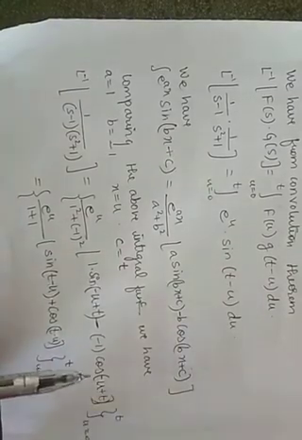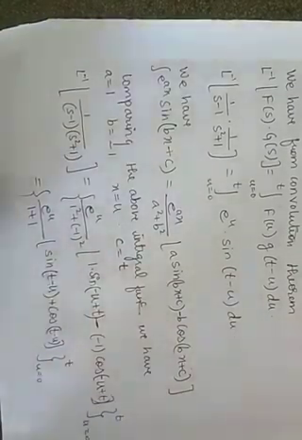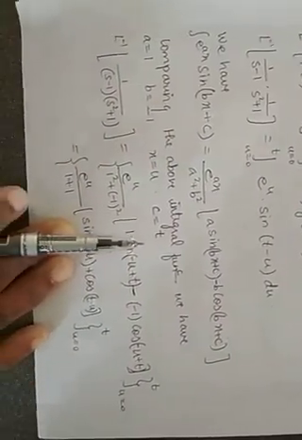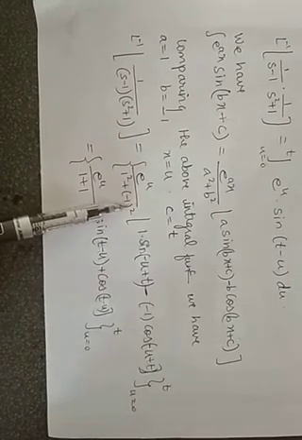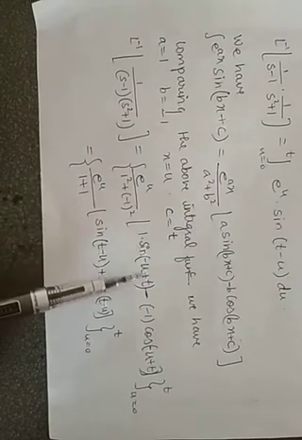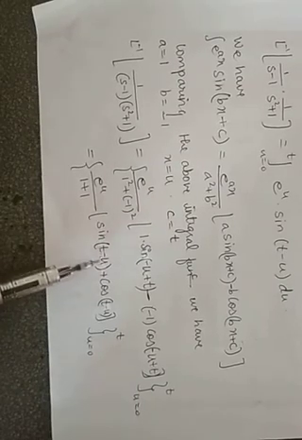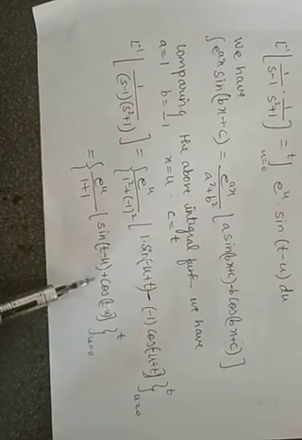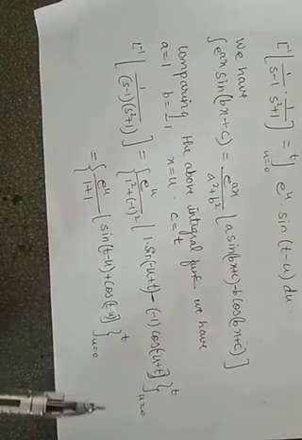So this is what you will get, with limits ranging from u equals 0 to t. Simplify before you substitute the limits. So e raised to u as it is. 1 square is 1, minus 1 the square is plus 1. 1 plus 1 will become 2. Sine of minus u plus t can be written as sin of t minus u. Minus of minus is plus, cos of t minus u.